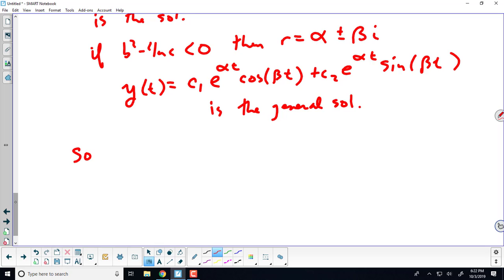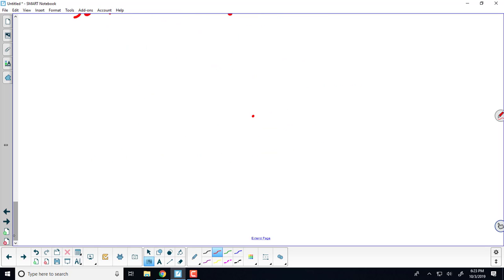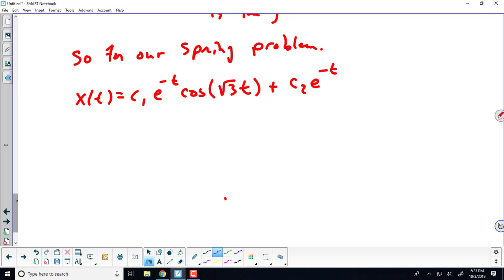So for our spring problem, we just said that x of t equals c1 e to the minus t cosine square root of 3t plus c2 e to the minus t sine square root of 3t is the general solution.